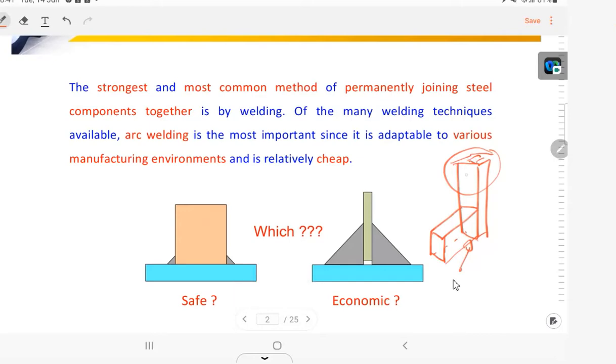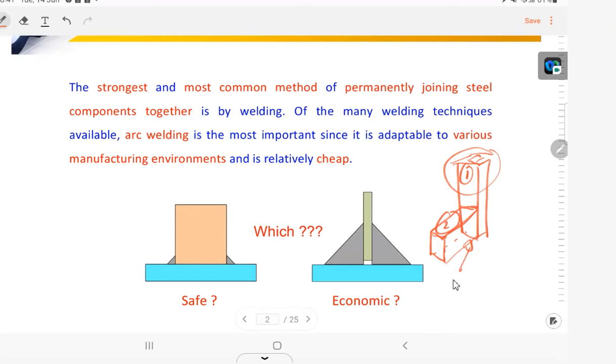So you have first parts, then this is the second part, part one, part two. Then you have to think how to join part one, the first part, and the second part.